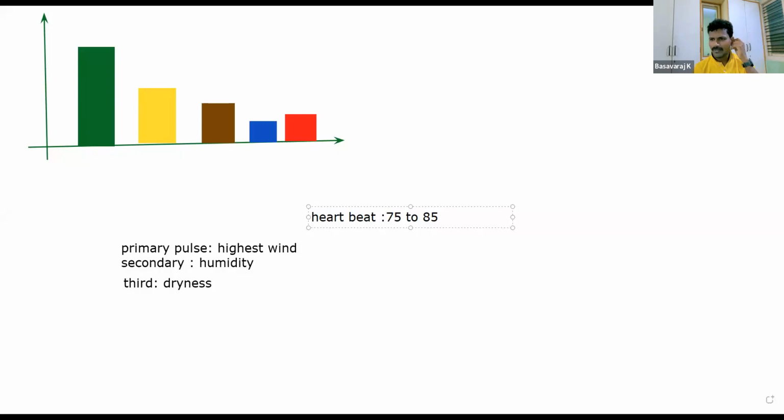For example, if it is more than 85 or 90, we treat it as excess of yang energy. If the pulse is less than 65, we consider it a cold pulse.